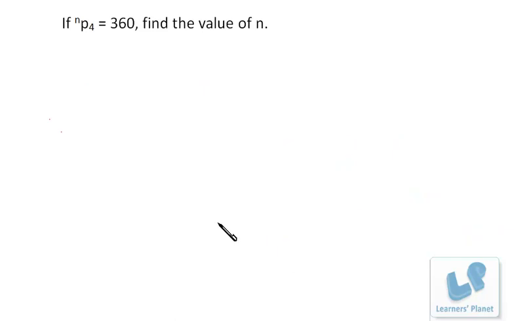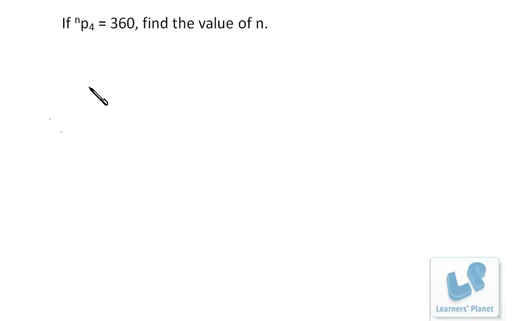And now friends, in examination, these sort of problems are where you have to find out the value of n. Here nPr, that is permutation, is given. It's a simple formula based problem, so I won't be spending much time on this. We will go for the conceptual problem. I just solve one problem for you.